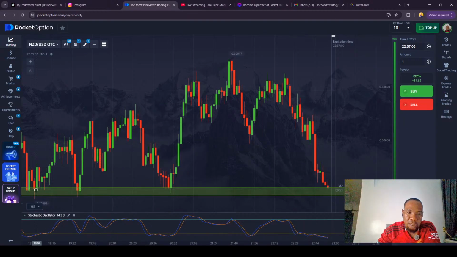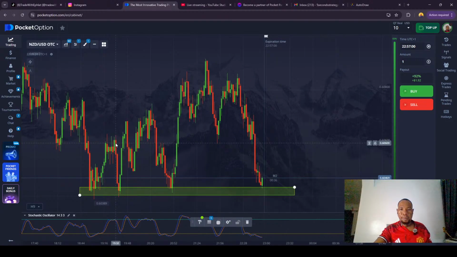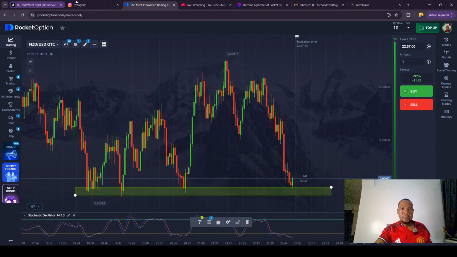You can see the first bounce, second bounce, third bounce, and the fourth bounce.